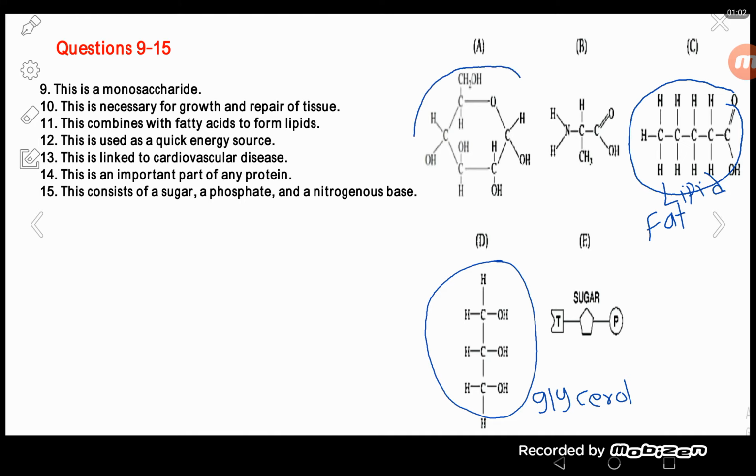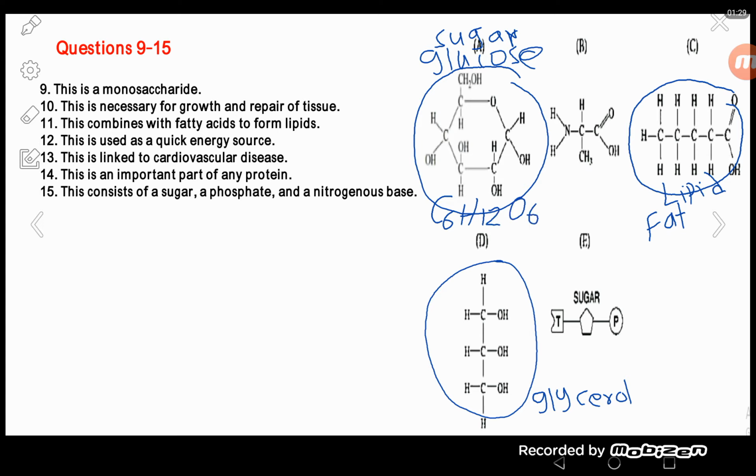And this structure A, this is glucose. How can we know this is glucose, or sugar? So this is glucose, or I can write sugar. All of us know the chemical structure of glucose, which is C6H12O6.